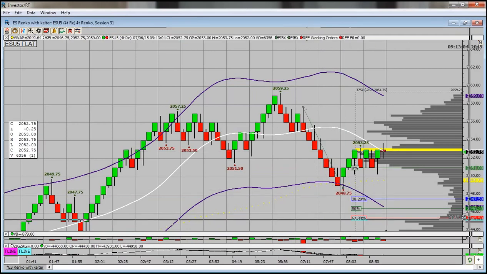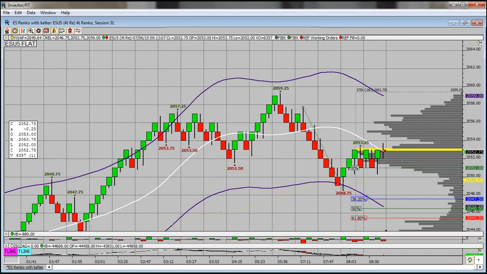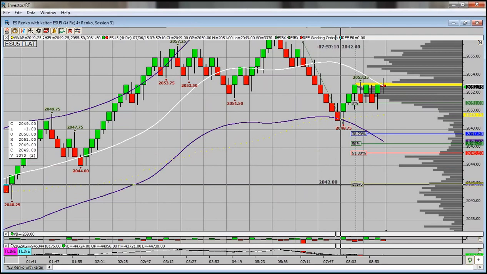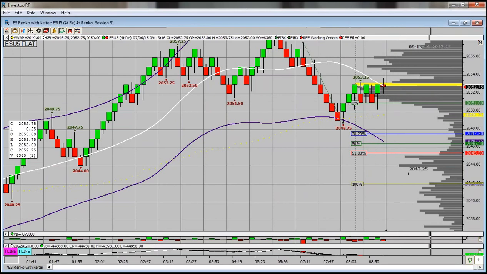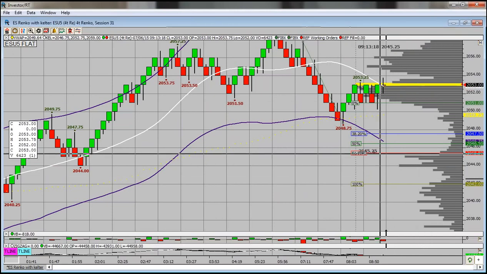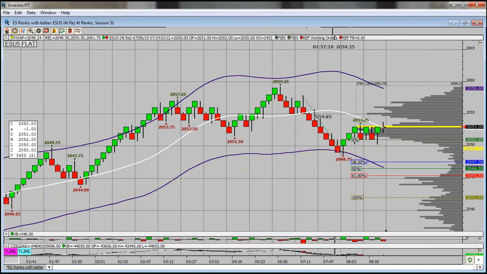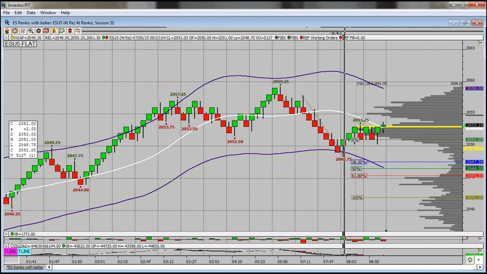The 61.8, you can see, takes us down into that 45.50, and 100% takes us down to 42. Kind of interesting, right? That those numbers are prominent on the volume profile as well as the fib extensions on a continuation move.